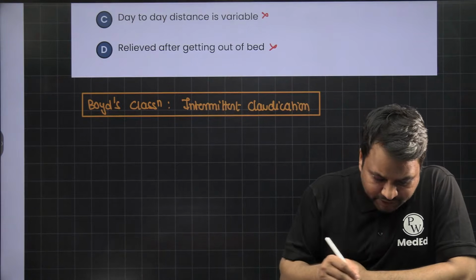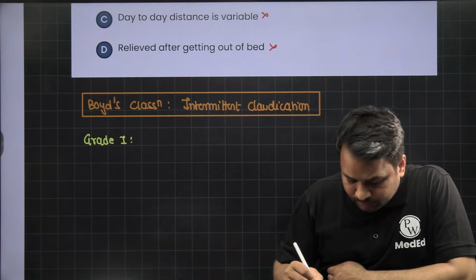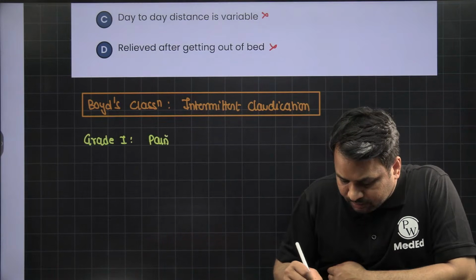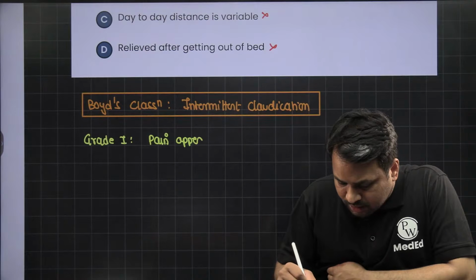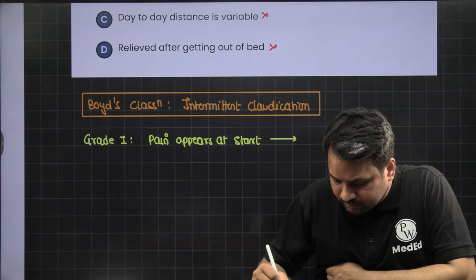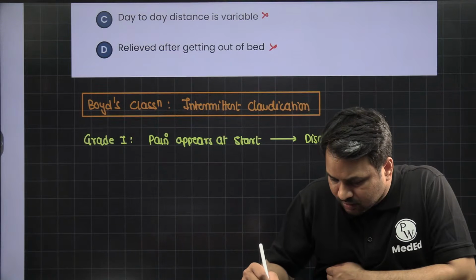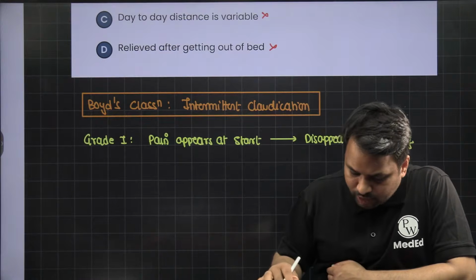In the Boyd's classification, we have grade 1. In grade 1, pain appears at start, disappears on walking. It is going to be grade 1.